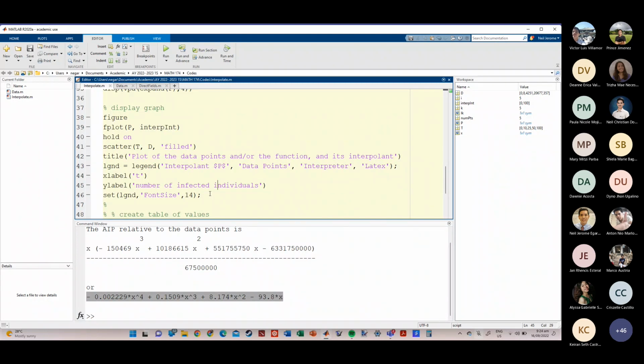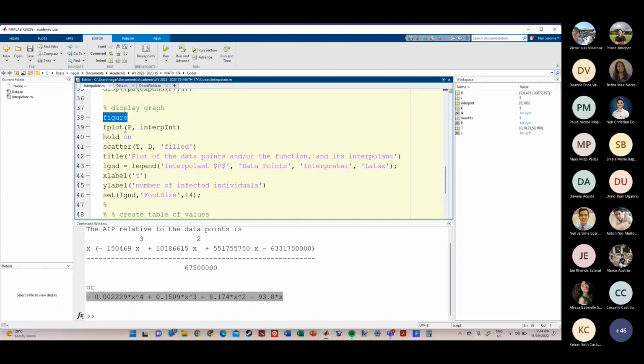Usually, ginagraph ko siya sa ibabaw ng given data para makita na nagpa-pass through talaga yung aking interpolating polynomial dun sa mga points na ginamit ko. Alright? Now, line 38, yung mga figures, lagi niyong simulan sa syntax na figure. Kasi the figure command will create one window para dun sa figure, para dun siya mag-graph.